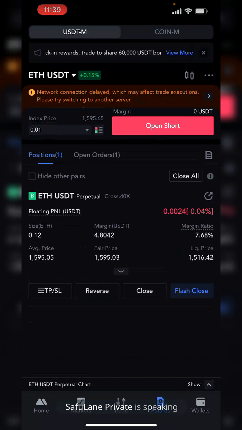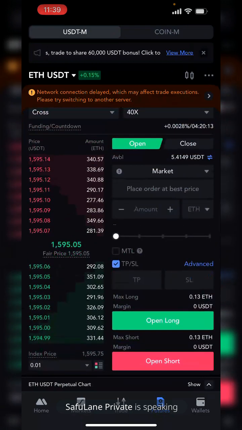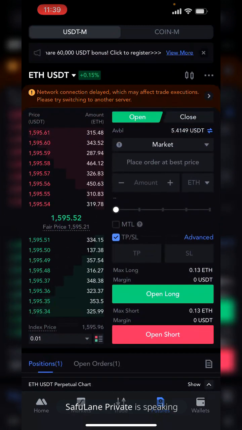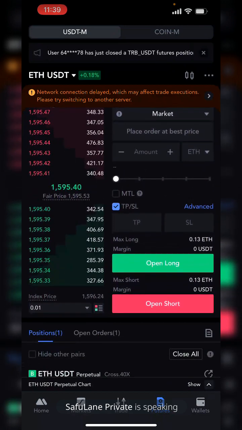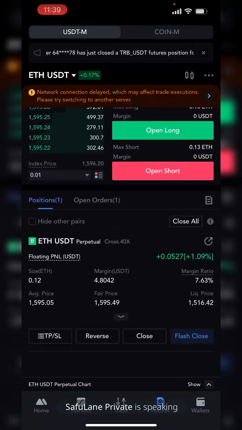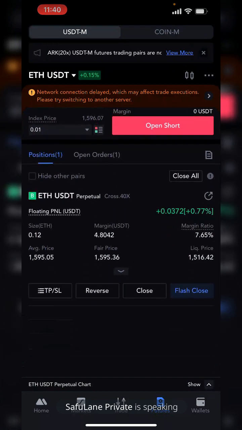That is why a lot of people lose on trade, because they don't really understand the mechanism of how all these things work. You need to understand that cross margin mode is going to be borrowing money from your available balance, while isolated is just going to use the amount you've dedicated for this particular trading.